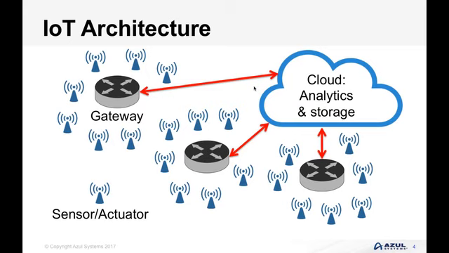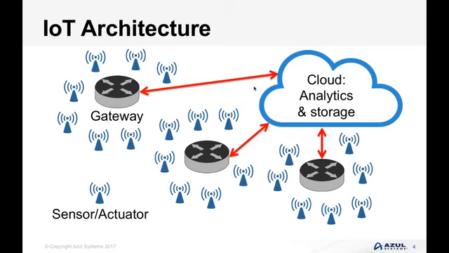Because in its raw form, it may not be as useful as if we do some pre-processing on it. And that's where we see the idea of IoT gateways coming in. So we've got a concentrator that talks to a number of sensors, gathers data from them, filters it, collates the information, and then passes the aggregate information on to the cloud, so that we're not having to pass every single piece of data to the cloud in order to have the information processed.